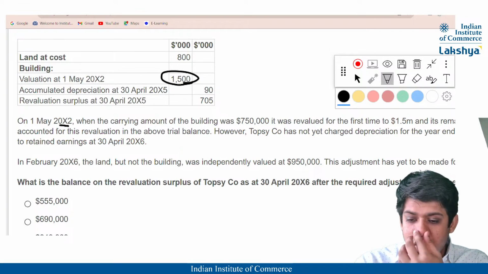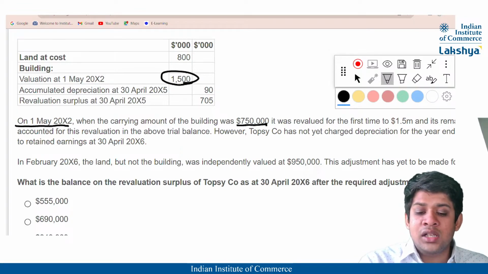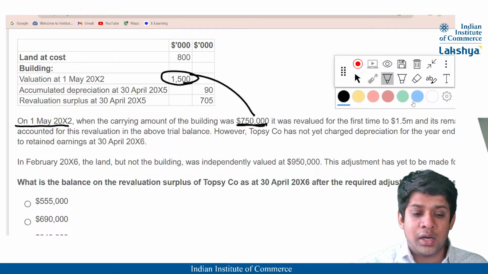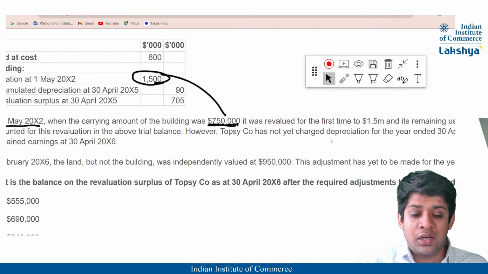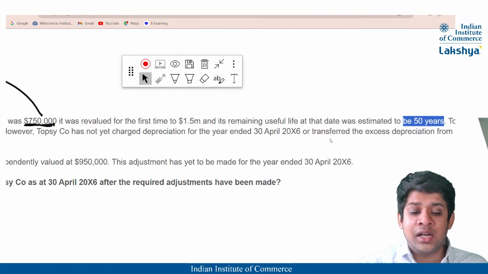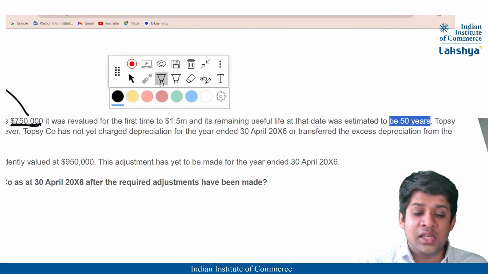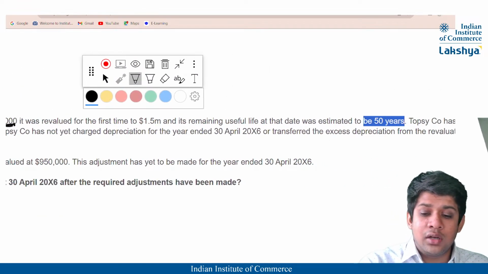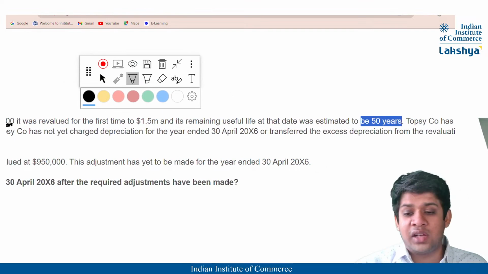Because on 1st May 2012, the carrying value of the asset was 750,000, but it got revalued to 1,500, or you can say 1.5 million. And on that date, its remaining useful life was 50 years.